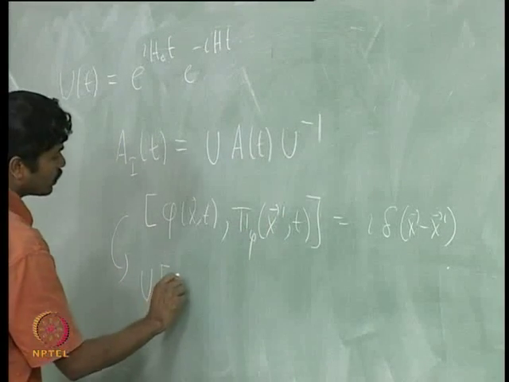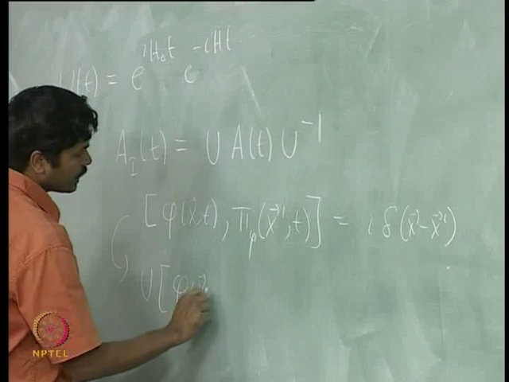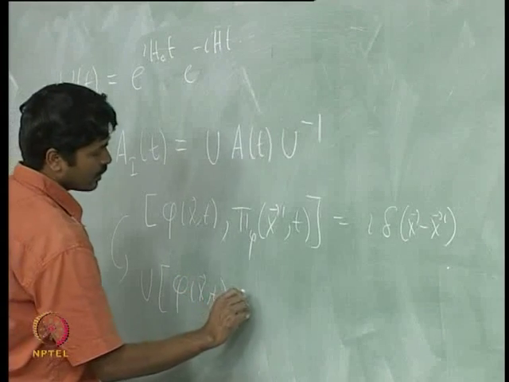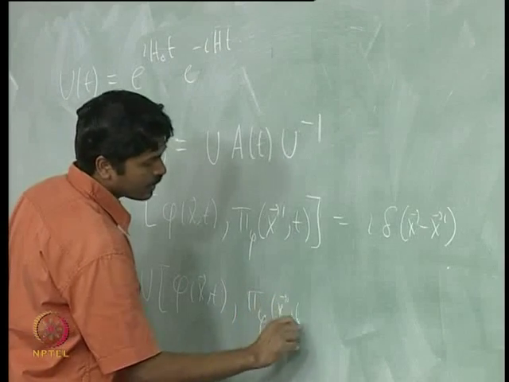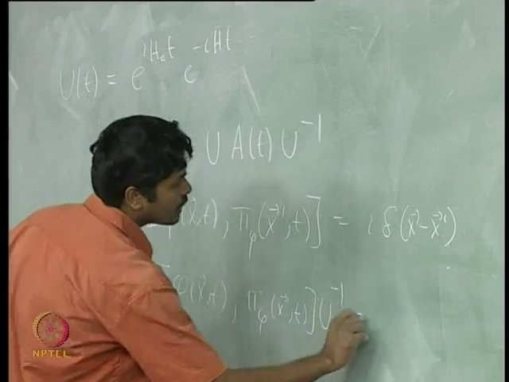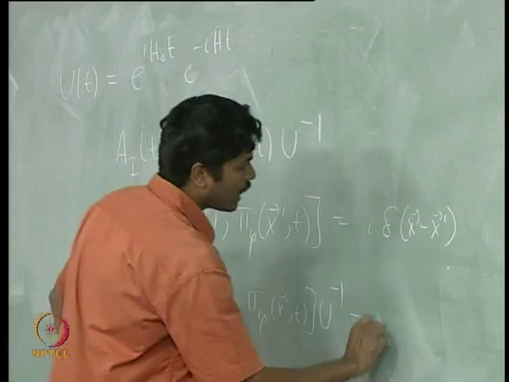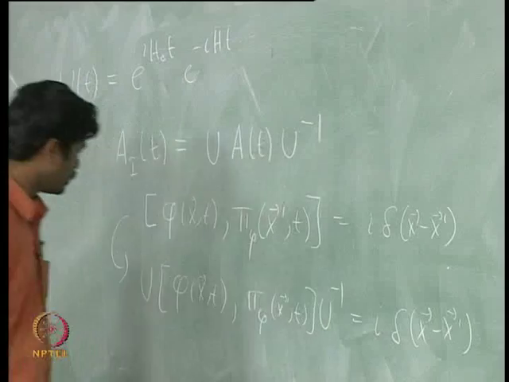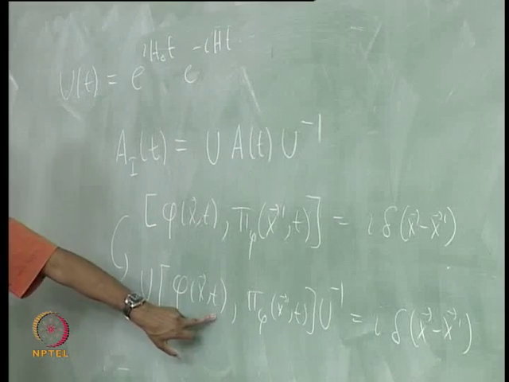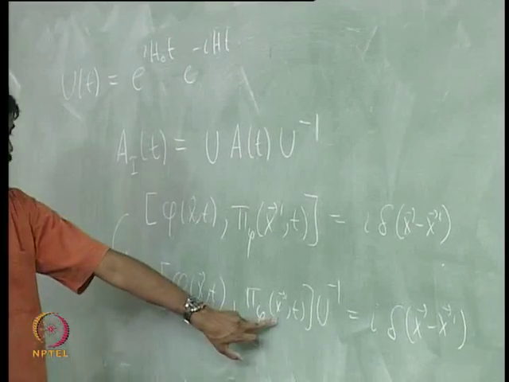So, U phi x t, pi phi x prime t U inverse, this is again going to be i delta x minus x prime, whereas this will give you the operators in the interaction picture.